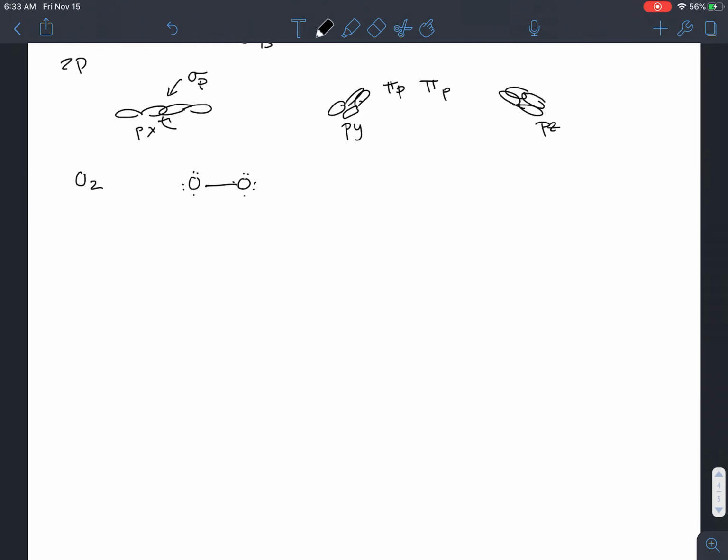Oxygen has 6 valence electrons and wants to bond twice. We know O2 looks something like this. Now, the interesting thing with oxygen and why I use it as an example is because when you place liquid oxygen in between a magnet, what actually happens is that it doesn't flow through.